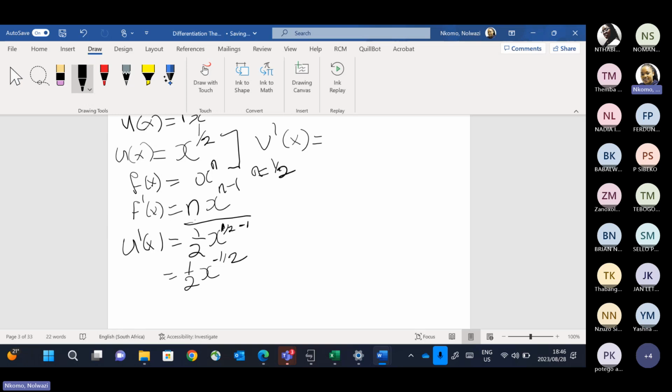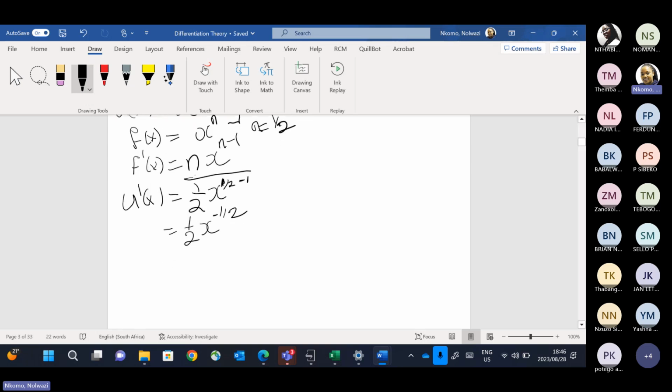I said you need to make sure you always leave your answer with a positive exponent. Right now it's negative, so your u prime at x would be 1 over 2 x to the power a half. And we know that x to the power a half is square root of x. So this means our u prime is 1 over 2 root x, right?